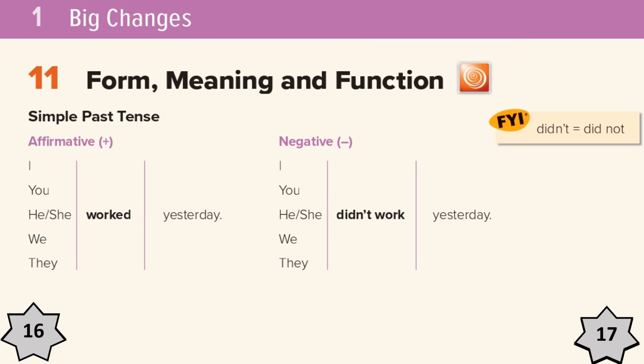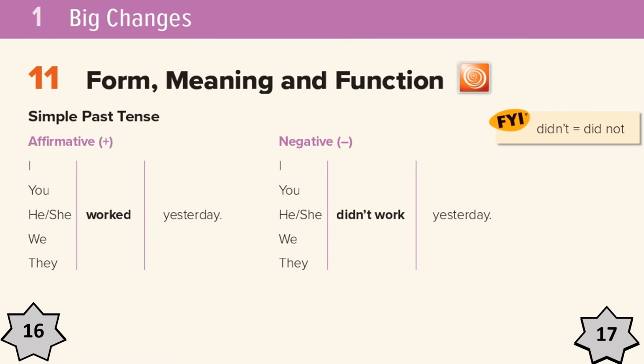Negative. I didn't work yesterday. You didn't work yesterday. He or she didn't work yesterday. We didn't work yesterday. They didn't work yesterday. If you want to make a sentence negative in the past, we add didn't before the verb and we use the infinitive form of the verb.